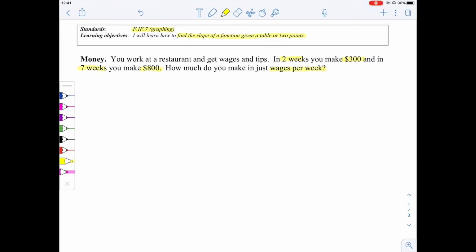So let's look at what we have. We have 2 weeks, $300, 7 weeks, $800. Let's write that down. 2 weeks is $300. And we're also given 7 weeks is $800. So those are two things that we know, right?